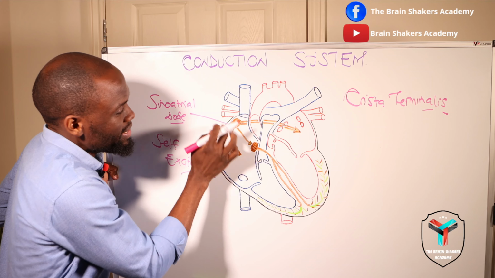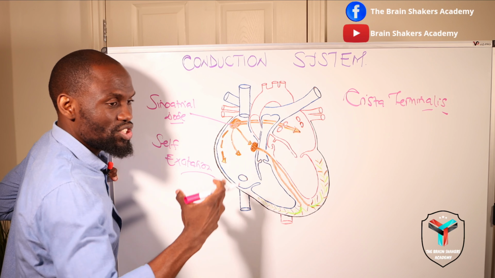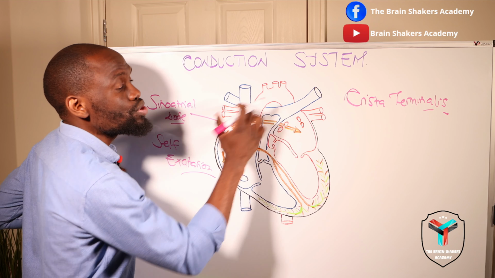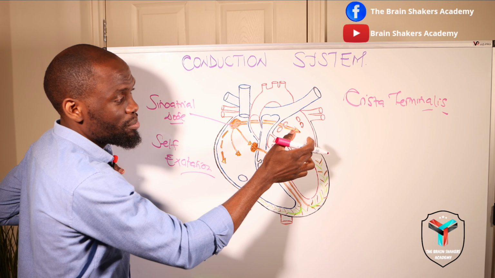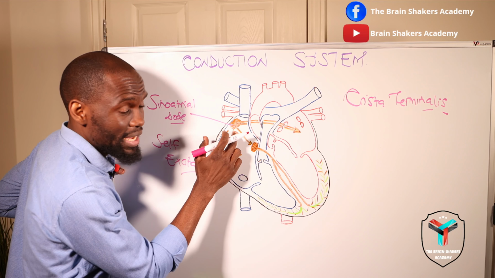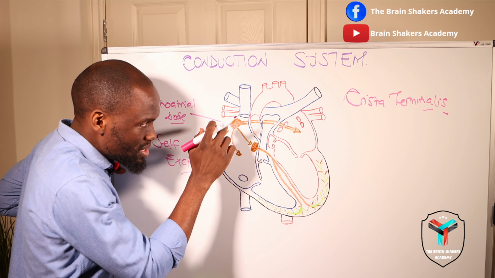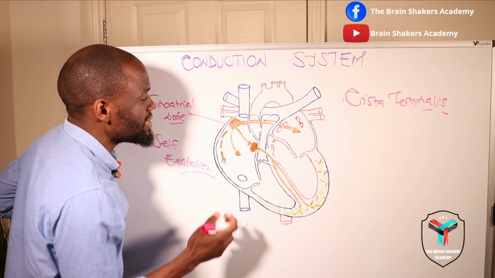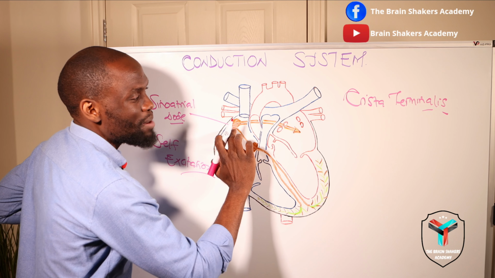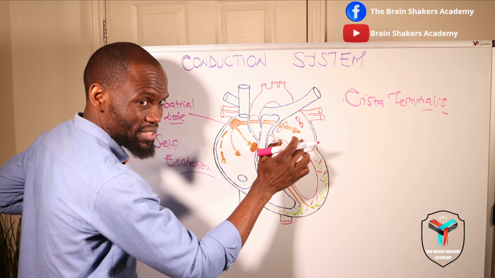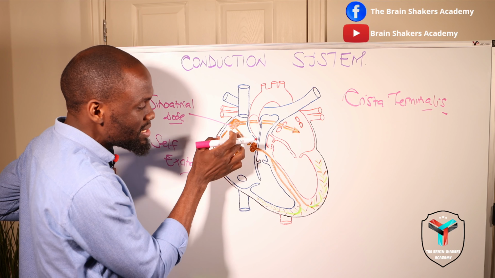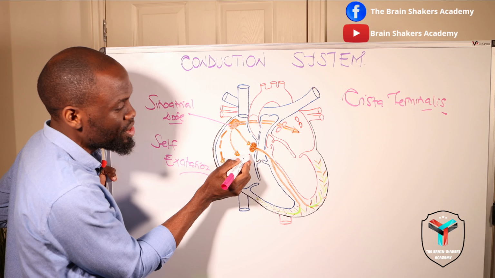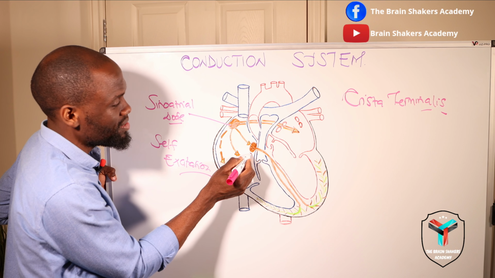So when it has generated that action potential, it passes the action potential to the left atrium, because the left atrium does not contain any sinoatrial node. The same sinoatrial node located around the crista terminalis has a branch that goes to the left atrium, and it has branches within the right atrium that will then send that action potential to another node around this area.